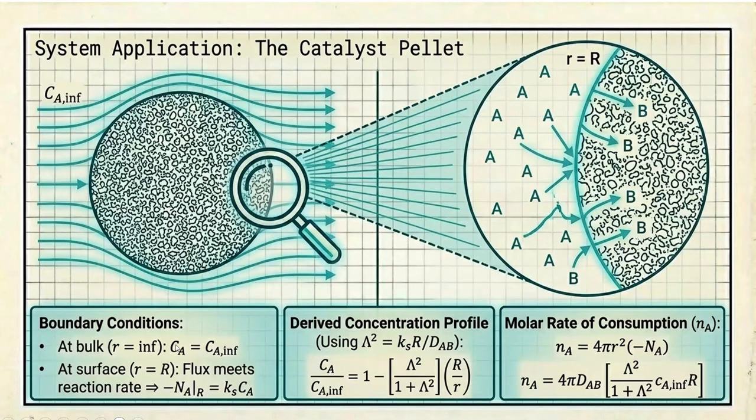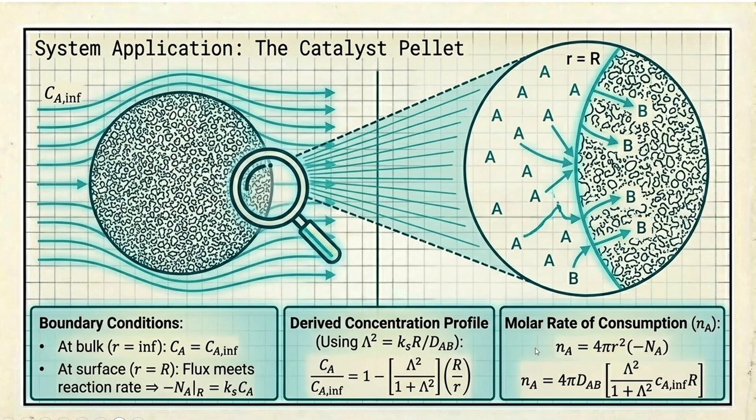Flux meets reaction rate. So Fick's law would be used, and Na would be Ks into CA, that is the rate generated by a chemical reaction. And we have to derive this formula: CA by CA naught is equal to 1 minus delta, where delta square is Ks into R by DAB.